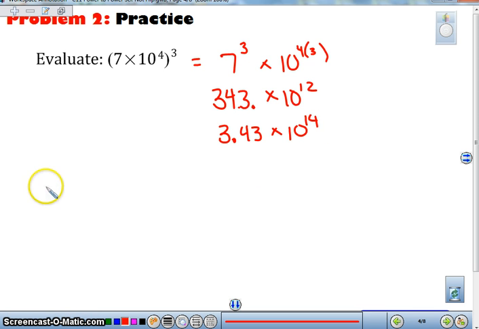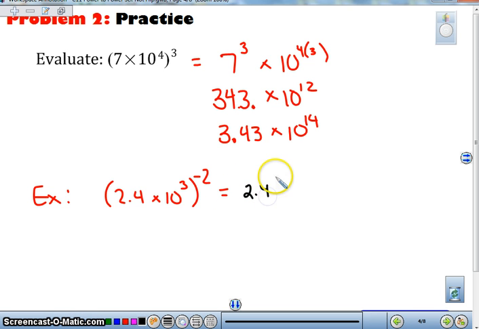I would also like you to try one more. There should be plenty of space. I want you to write 2.4 times 10 to the third, raised to the negative 2. We haven't had many with negative exponents. So again, 2.4 to the negative 2 power. And this time, instead of doing a reciprocal, since it's scientific notation, we're going to get it as a decimal.